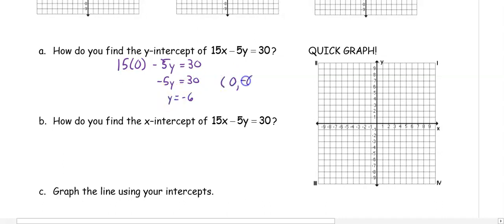So my y-intercept would be 0, negative 6. To find the x-intercept, we're going to put 0 in for y. So 15x minus 5 times 0 equals 30. That's going to cancel out that 5, so we have 15x equals 30. When we divide, x is 2. So our x-intercept would be 2, 0. So I can plot those points and connect them to graph my line.